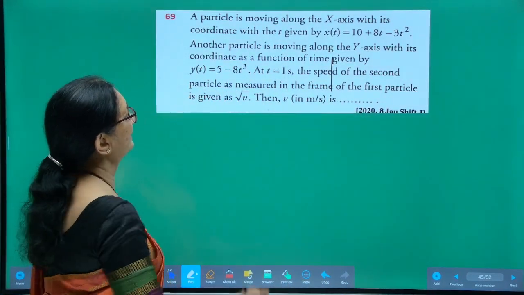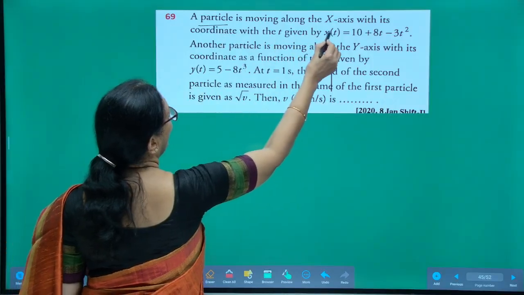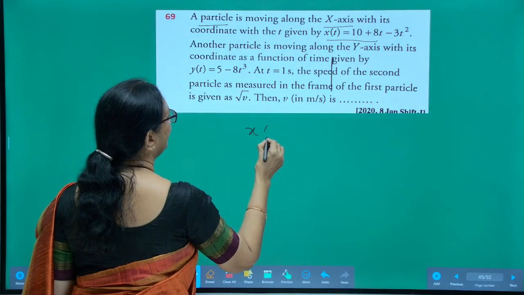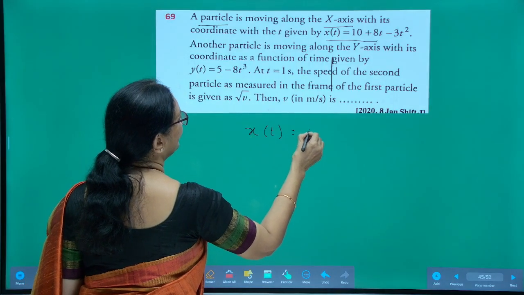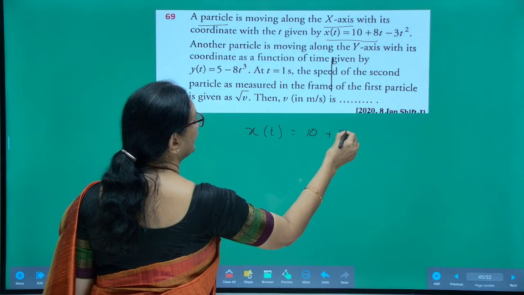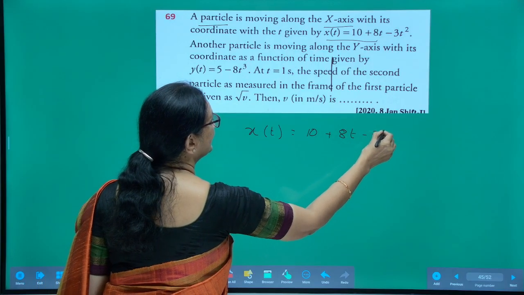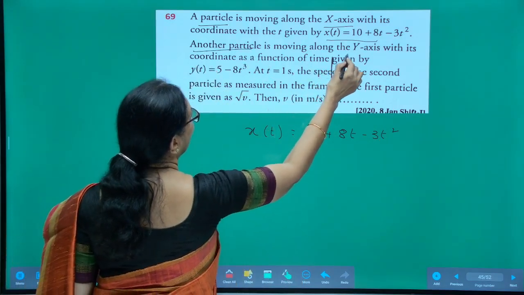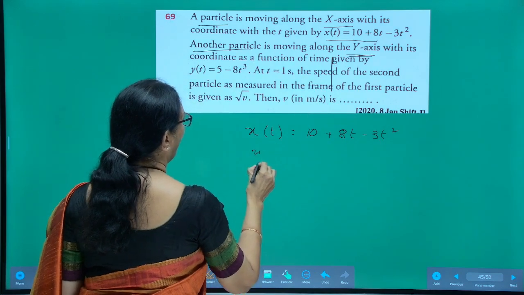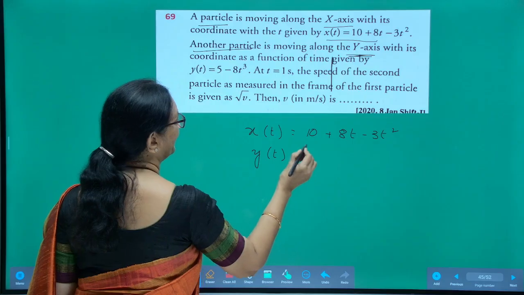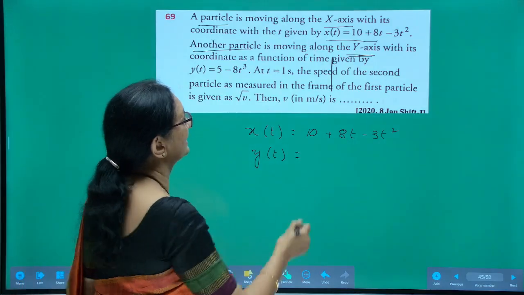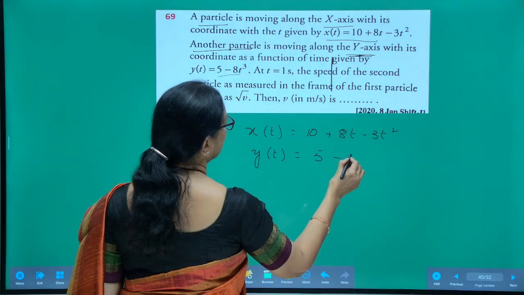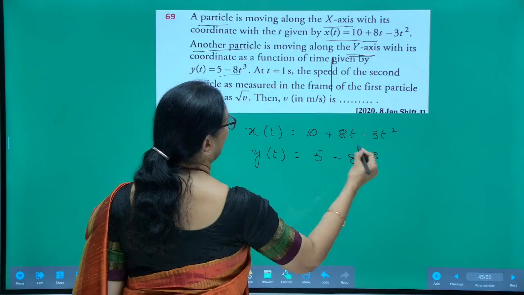A particle is moving along x direction such that its position as a function of time is given as 10 plus 8t minus 3t square. Another particle is moving along y axis, and its position as a function of time is 5 minus 8t cube.